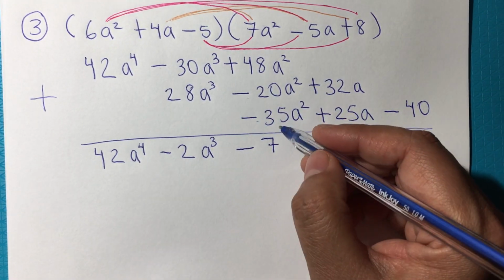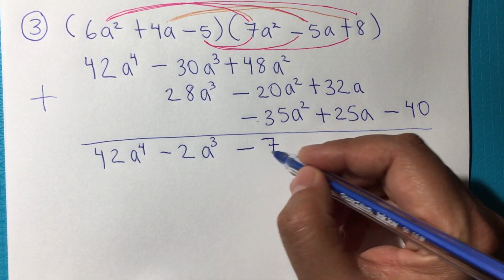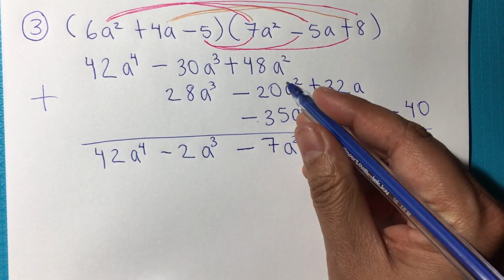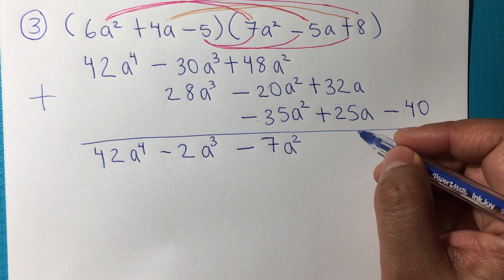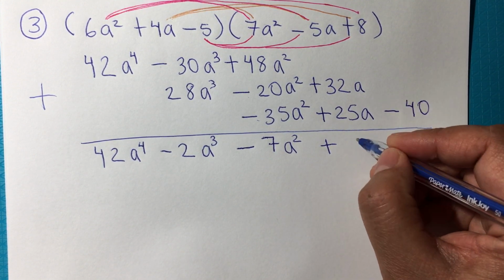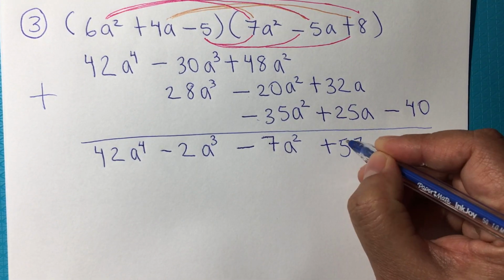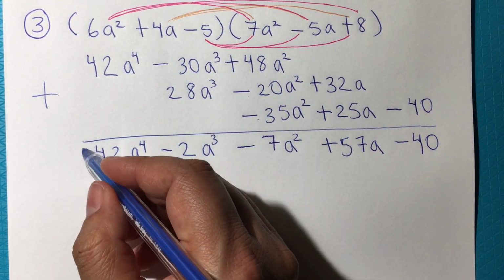And again, because the 55 was bigger, in negative, the answer will be negative. And just bring down the a square. These two are positive, so you just add them and keep it positive, and that's going to be 57a, and bring down the negative 40.